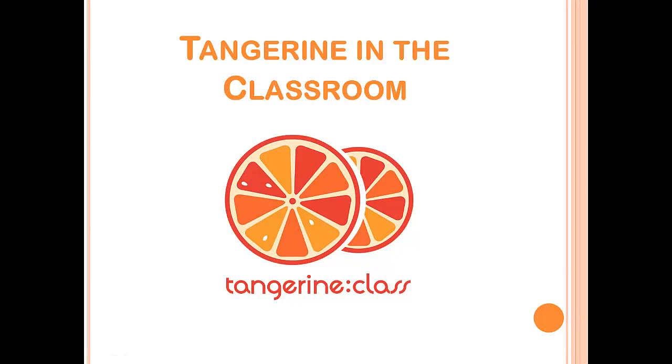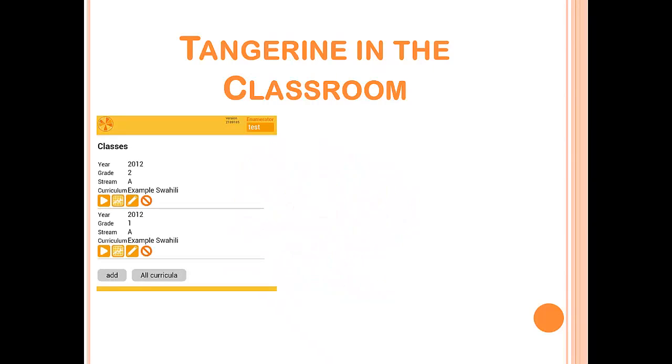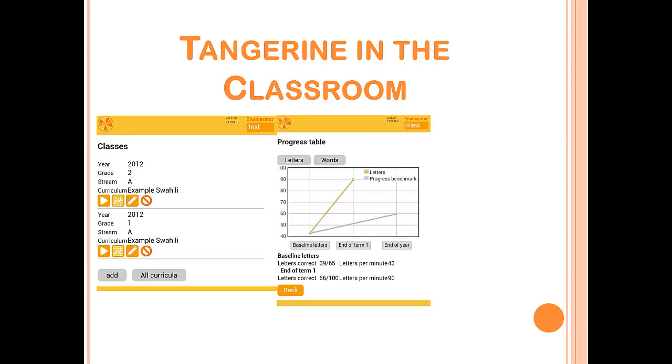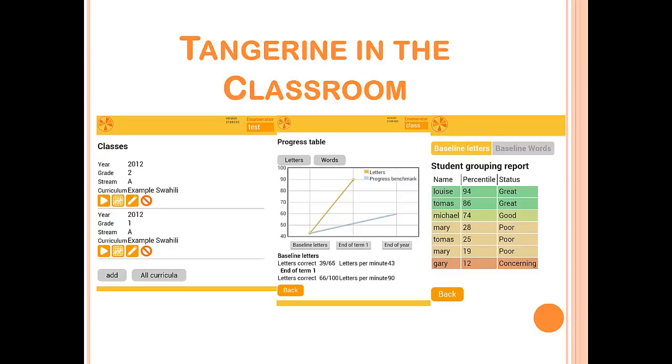Whereas Tangerine has been focused on administering the early grade reading and mathematics assessments at national levels for generalizable results indicators, Tangerine Class is designed to provide more frequent diagnostic assessments which track progress at the classroom and student level over time. In this way, teachers can administer short, formative assessments in their classrooms and immediately see the results and receive guidance relevant for their instructional goals.